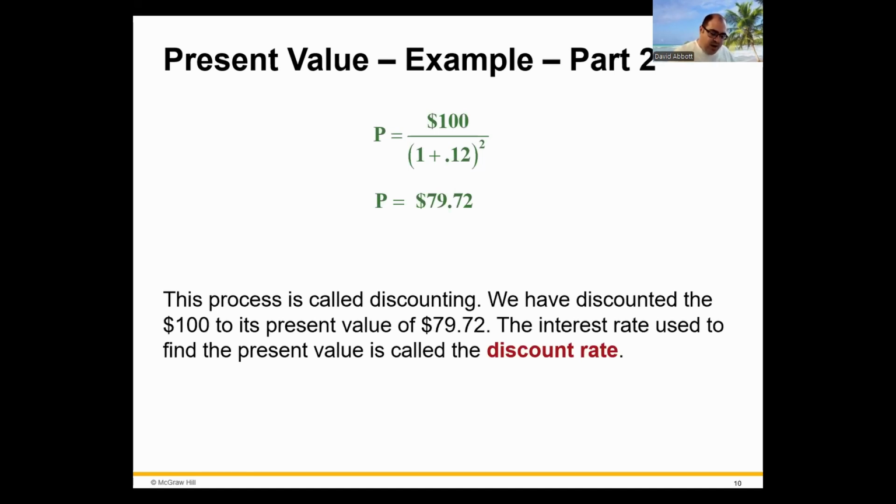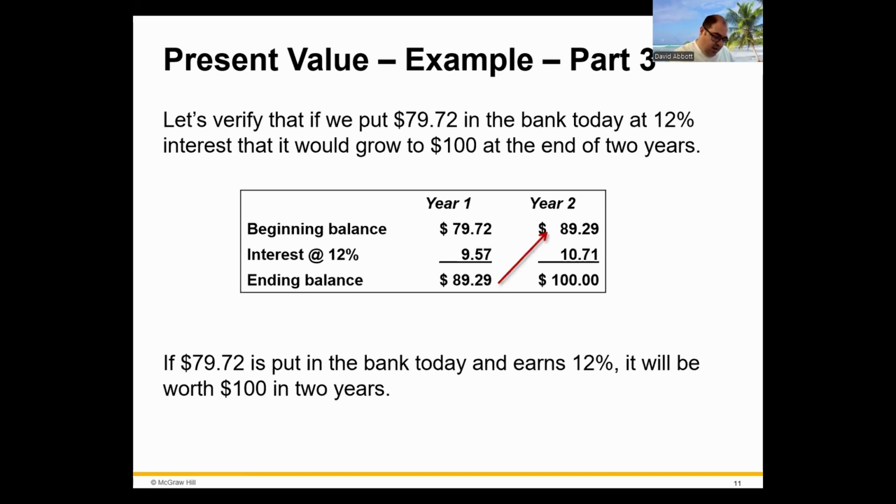We have discounted the $100 to its present value of $79.72. The interest rate used to find the present value is called the discount rate. And again, we can verify this amount as shown here: if we put $79.72 in the bank today at 12% interest, it would grow to $100 at the end of 2 years.